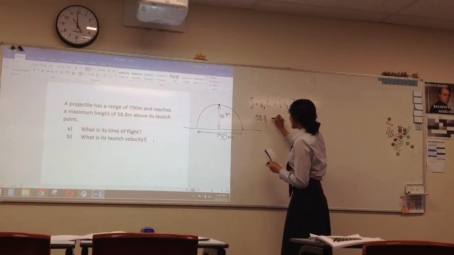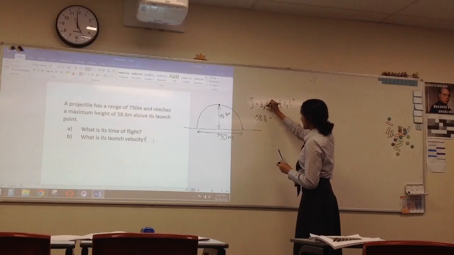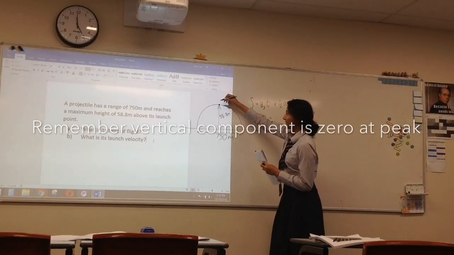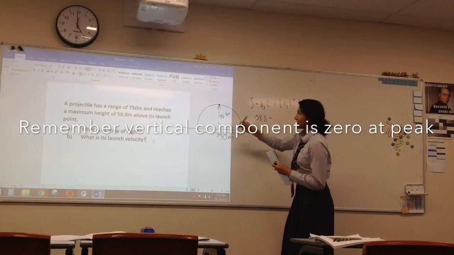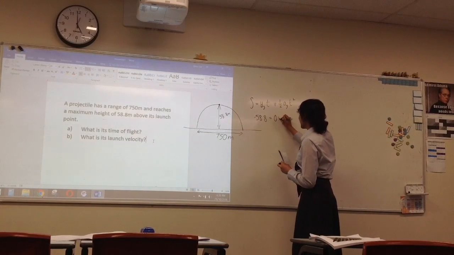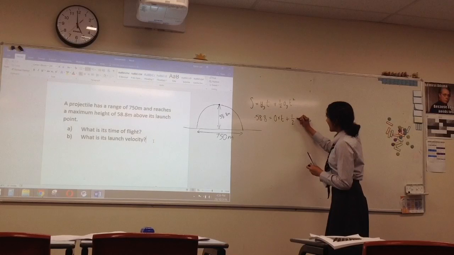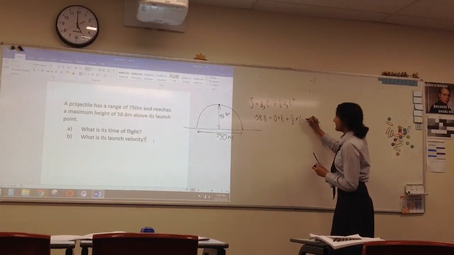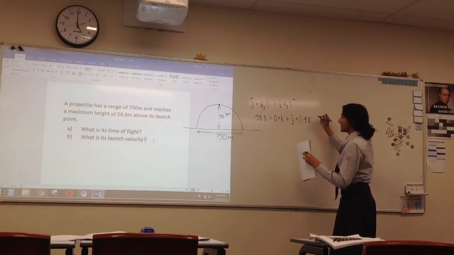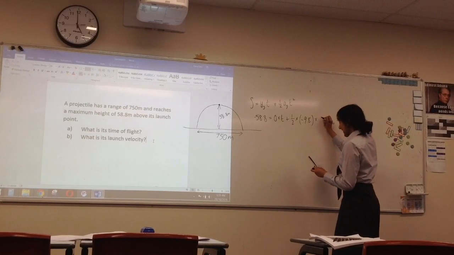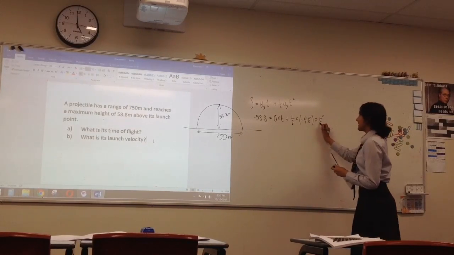We know that S equals 58.8, and that equals, because the vertical velocity uy is 0, and a has to be negative 9.8 because it's going against gravity, and we are trying to figure out the time.